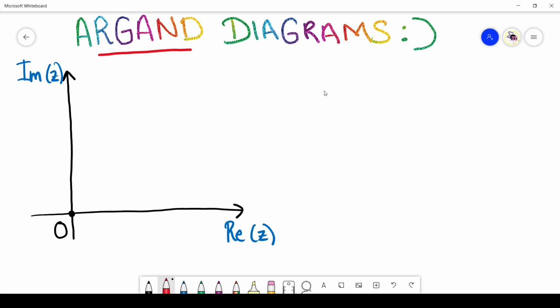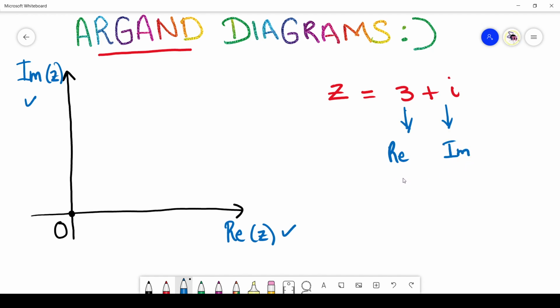Let's just consider we have a complex number z being equal to 3 plus i. First of all, we have to identify our real part and our imaginary part to plot. That's why we have the axes named real and imaginary. Those are actually the values you plot. So this is the real part, and this is the imaginary part. Remember, just the coefficient.